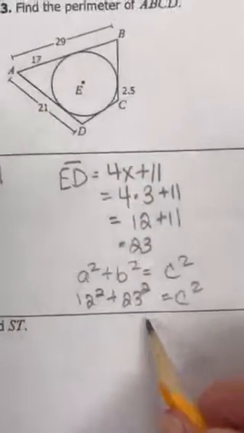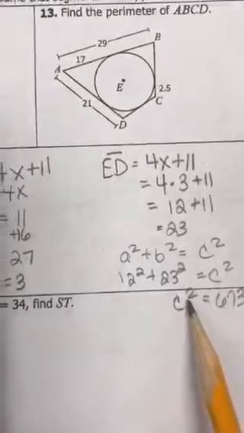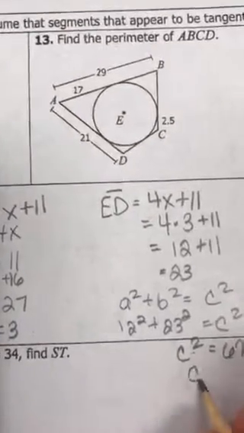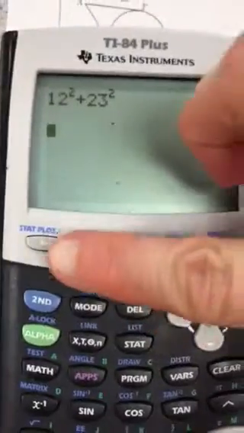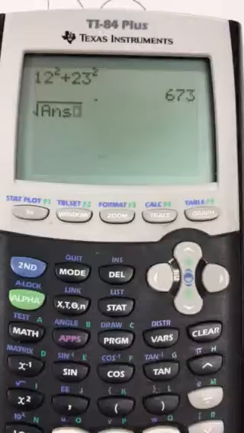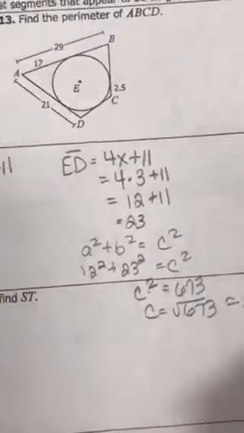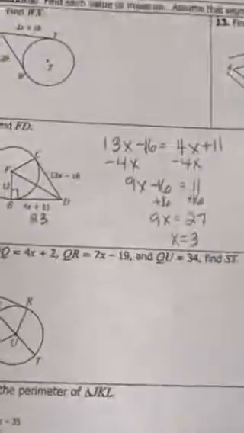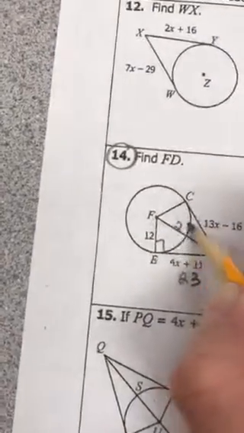So c squared equals 673, and I want c, not c squared, so I need to take the square root of that, and that's approximately, let's see, second square root of my previous answer, so 25.9. So that's my missing side. That's side FD, 25.9.